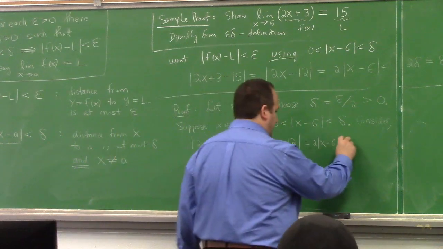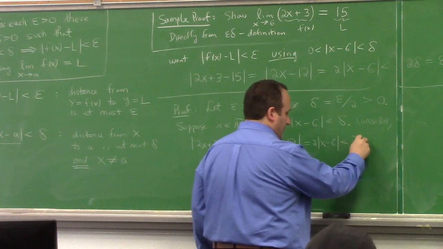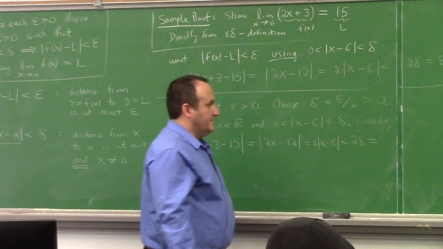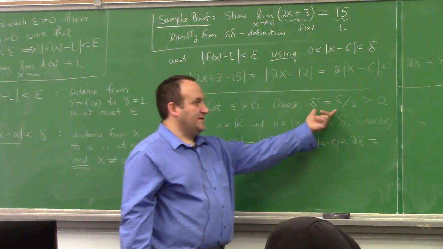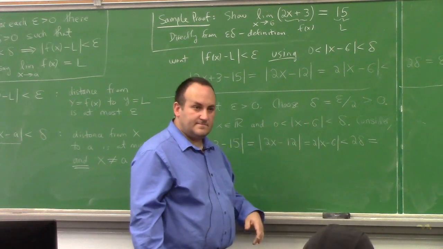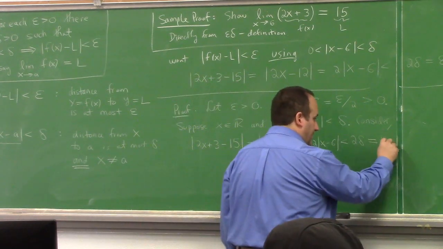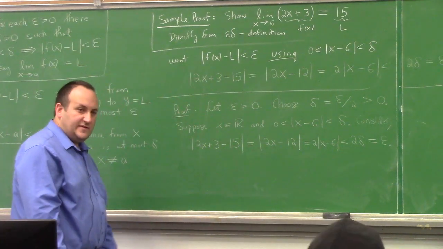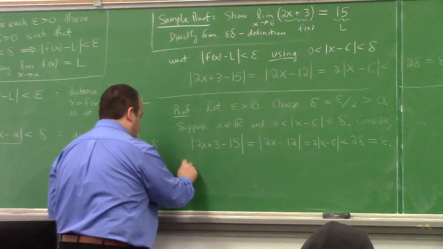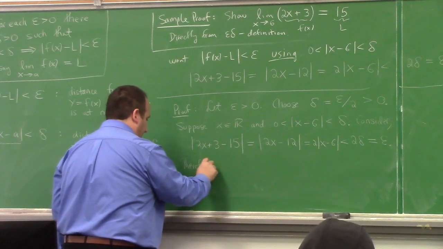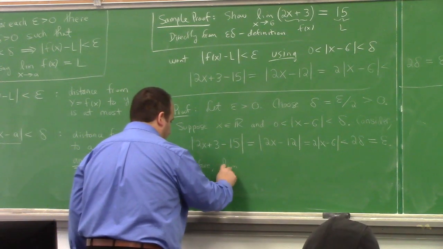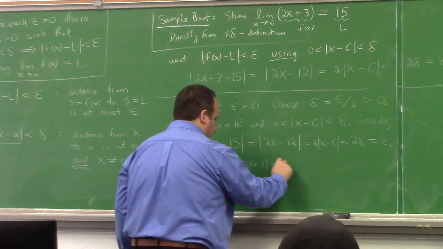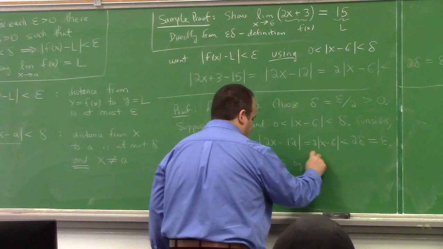This is less than 2 delta, which is equal to what? That's equal to epsilon, because we made delta equal to epsilon over 2. We're almost done. We just need a concluding sentence. Therefore, the limit as x approaches 6 of 2x plus 3 equals 15 by the epsilon delta definition of limit.